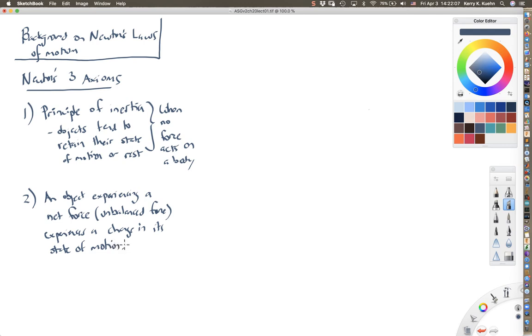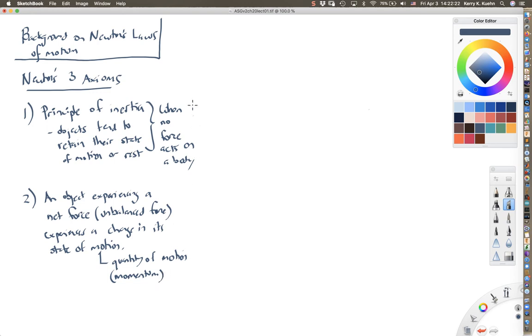Newton would call it its quantity of motion. So Newton calls this its quantity of motion. And nowadays we call quantity of motion momentum.